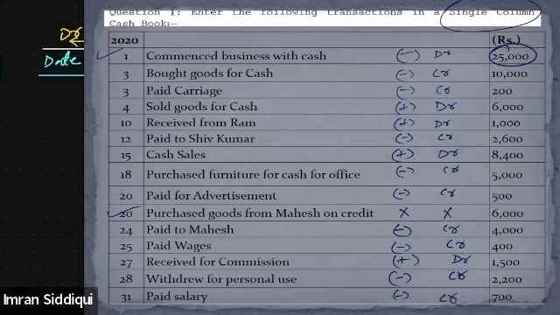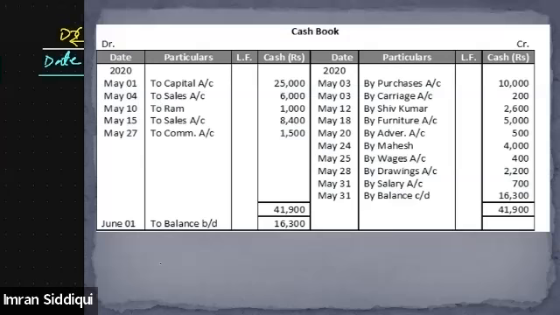And all of you, please correlate your answers with the solution. See whether you did it this way or not. 16,300, everybody is getting the same answer, sir. All right. So in that case, that is right. If anyone is getting 16,300, that is the correct answer.